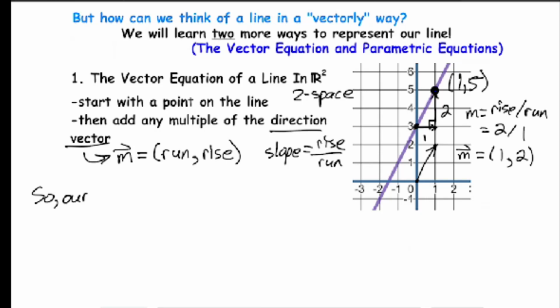So our vector equation is, and here's what it's going to look like.